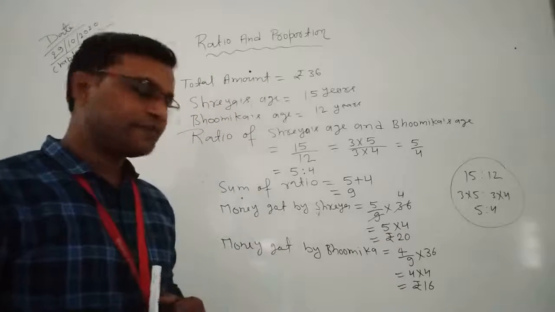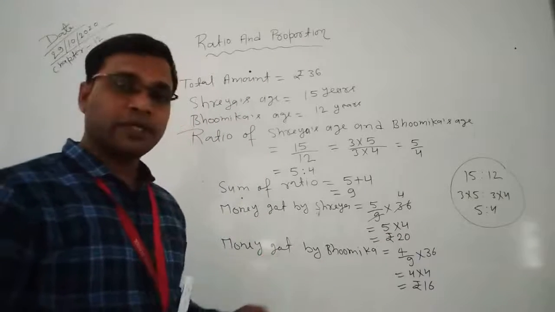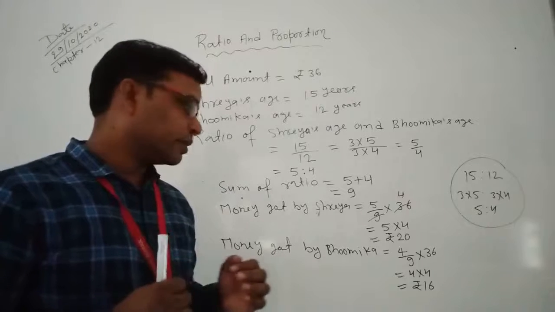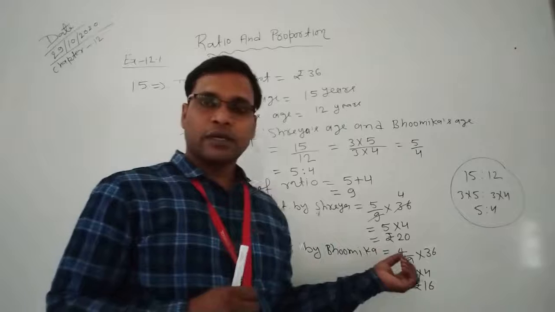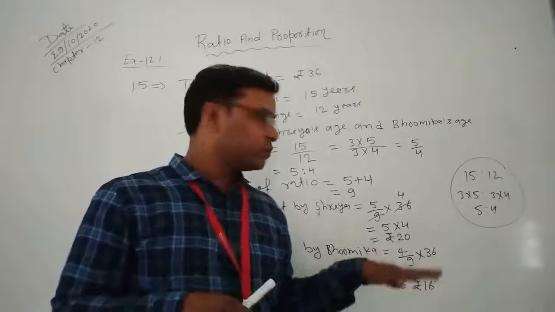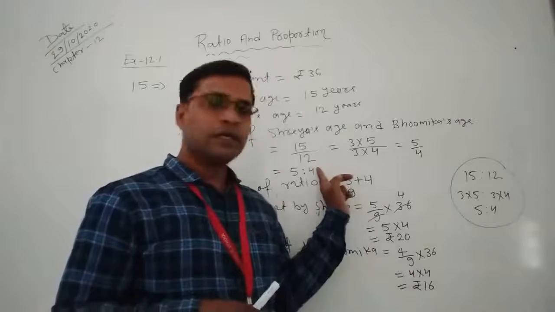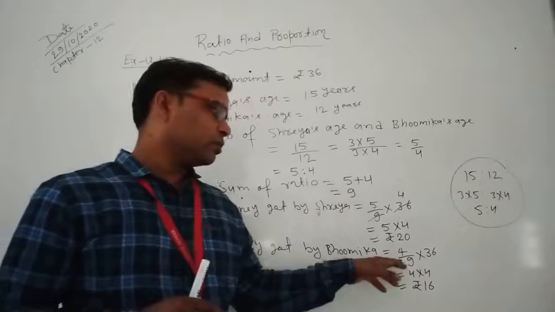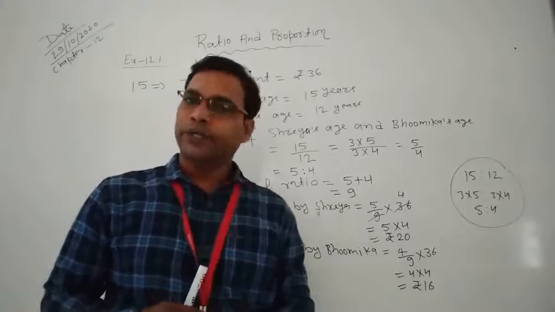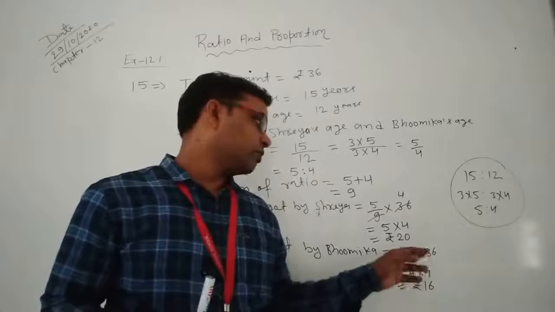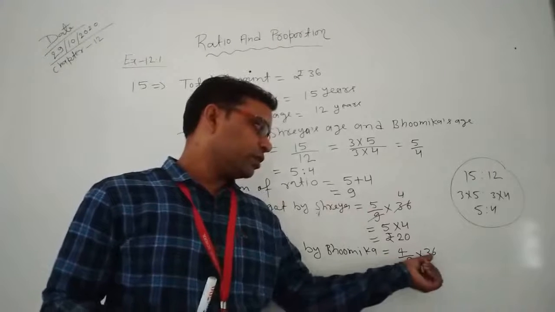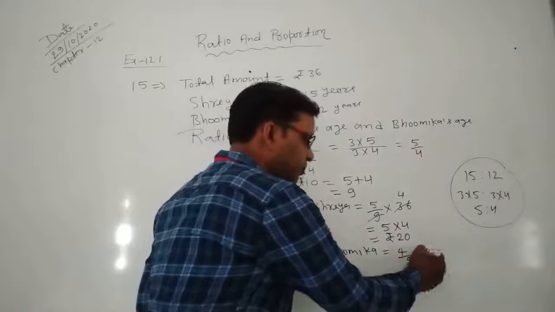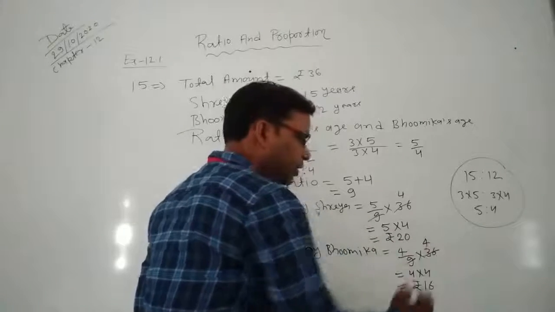Similarly, we can find the amount of money Bhumika will get. This is equal to Bhumika's ratio by total ratio. Bhumika's ratio is 4 and total ratio is 9. So 4 by 9 into total amount. The total amount is 36. So if you divide 36 by 9, then you have 4.